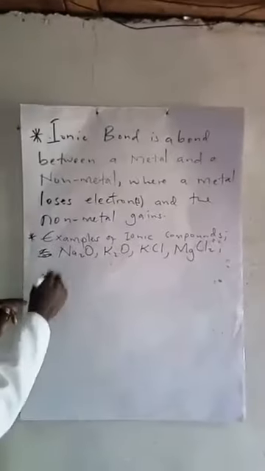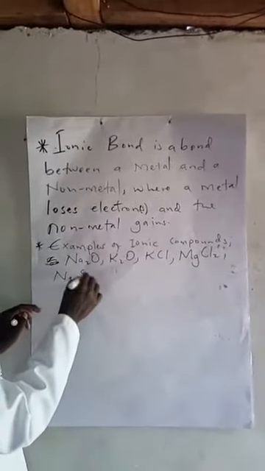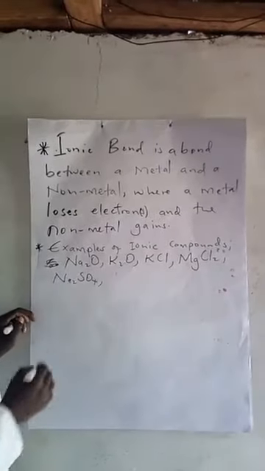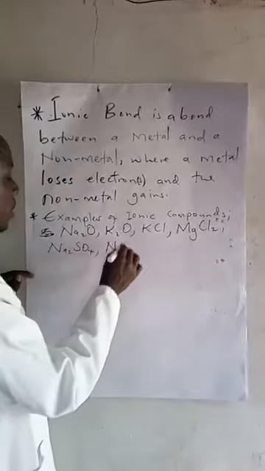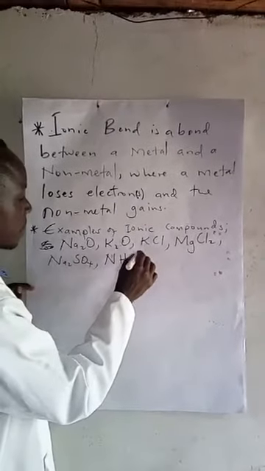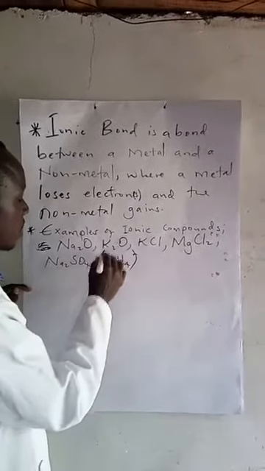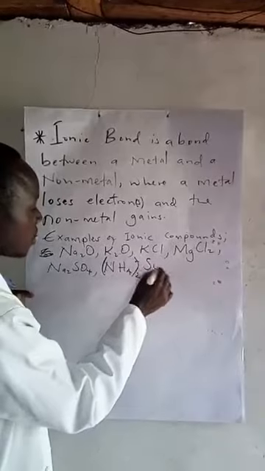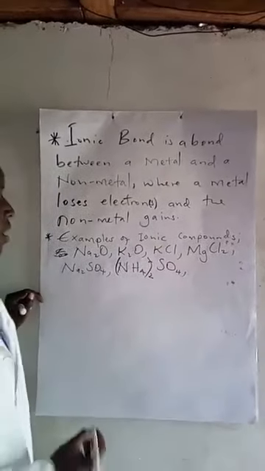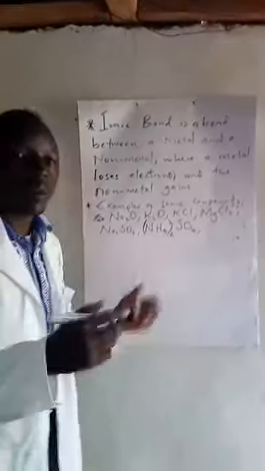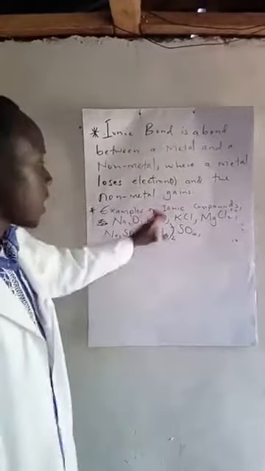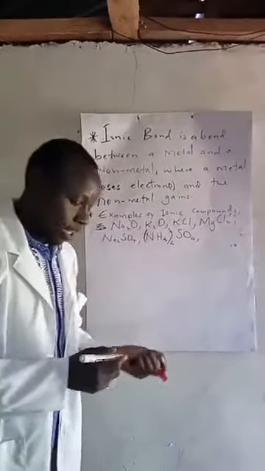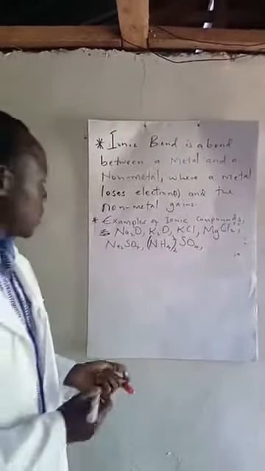We even have sodium sulfate, ammonium sulfate, potassium sulfate, potassium carbonate. Those salts are said to be ionic compounds. So that is the bond.